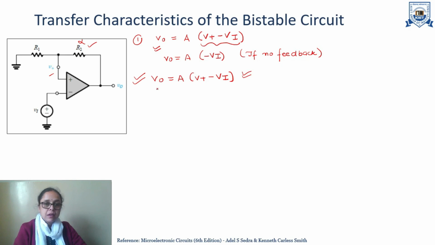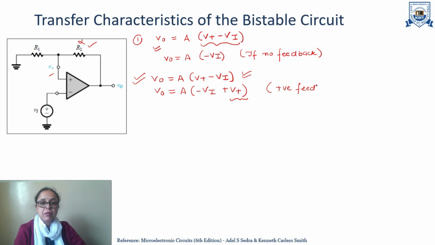We can write this equation also in this form: A times (minus Vi plus V plus). And from this equation we can see that the feedback signal is being added to the input signal. It means the feedback is positive feedback, because it is increasing the magnitude of the input signal V plus. It is being added with the input signal. So it is a kind of positive feedback.